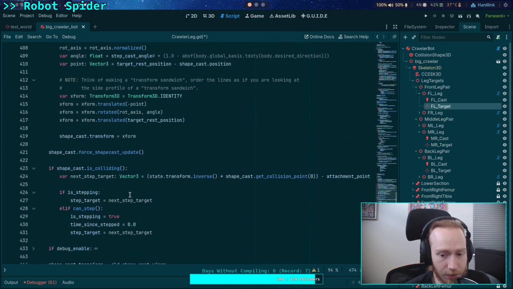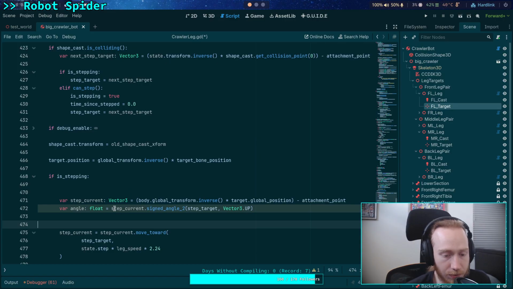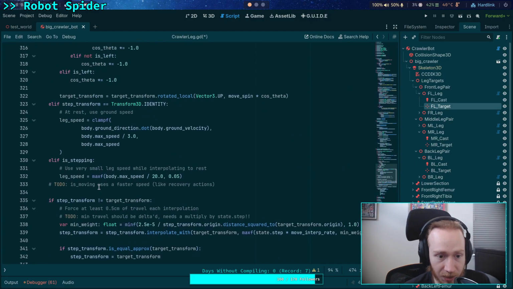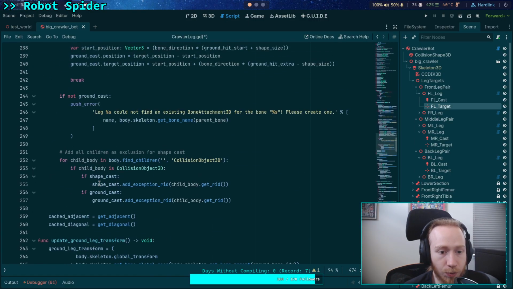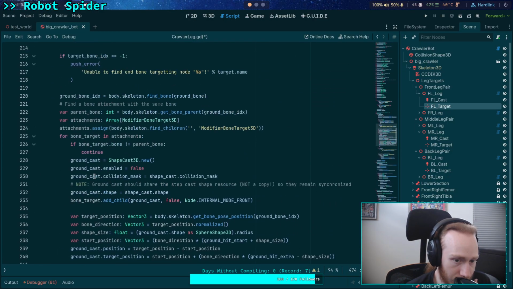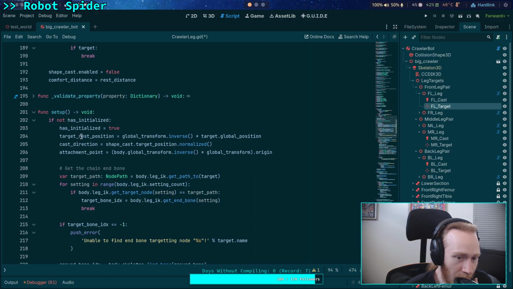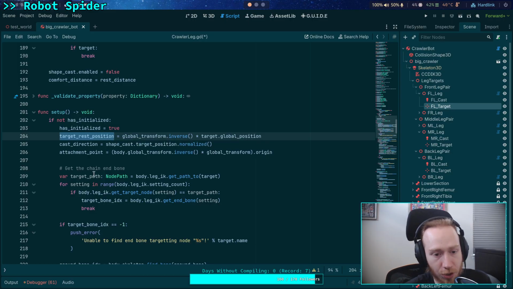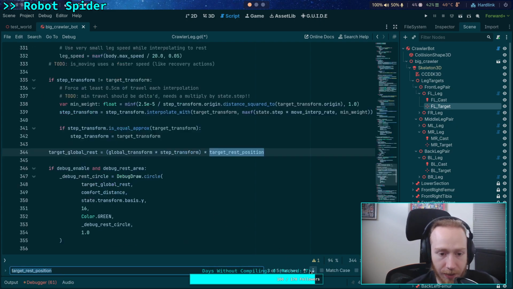So if I take from the attachment point to the rest position, which I think is saved, cached. Okay, so I have the rest position relative to the leg. Let me see where I use that.